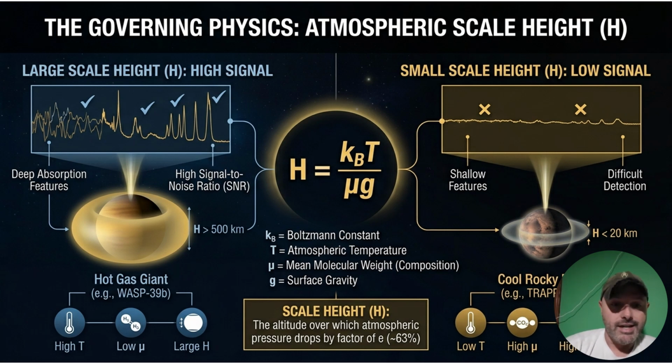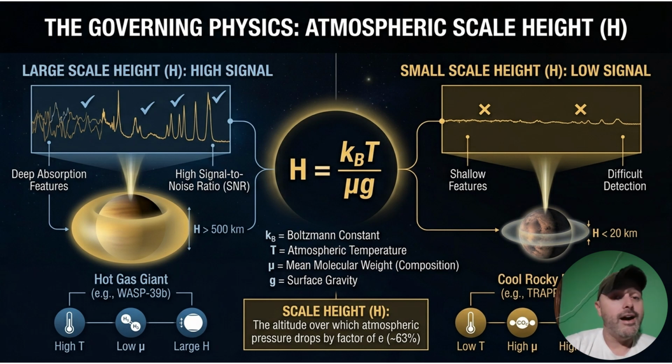So if you have a high T, like a high atmospheric temperature, and a low molecular weight, you would have a large scale height. And conversely, with a low T and a high molecular weight, you would have a small scale height. So in the equation here, H is proportional to temperature and inversely proportional to the molecular weight and gravity.